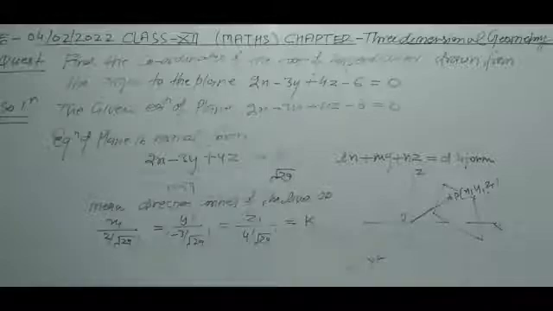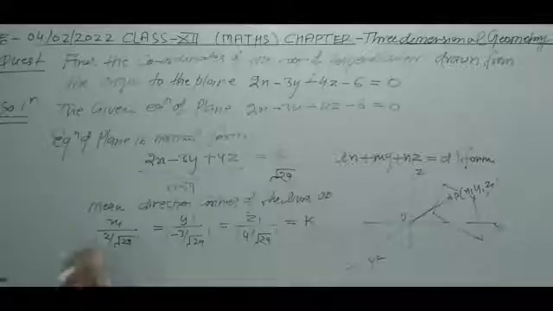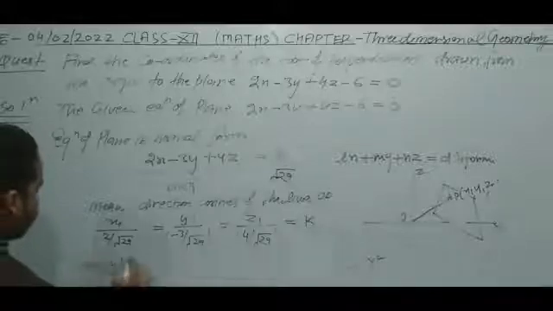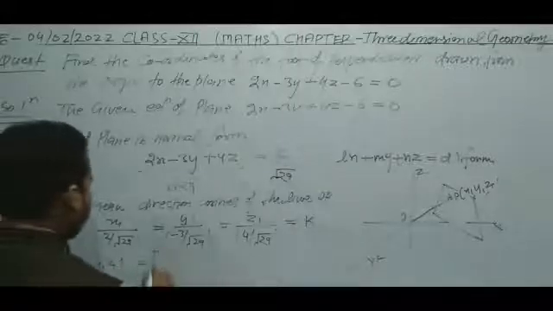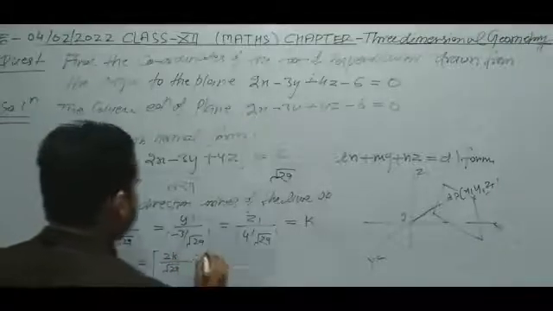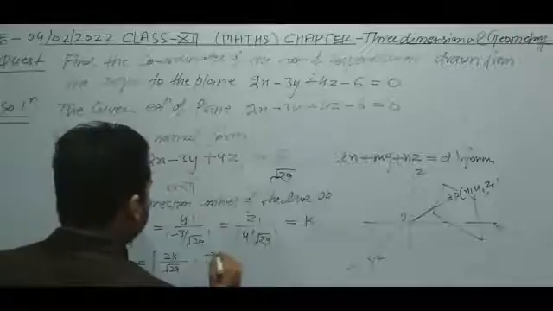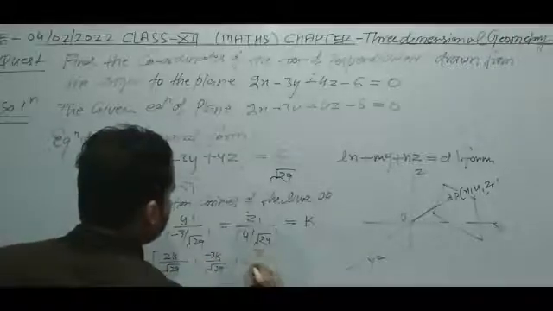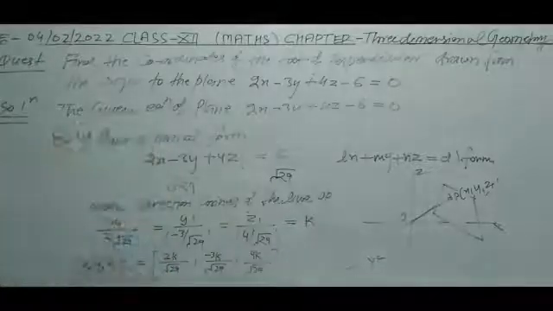When you calculate x1, y1, z1, you will get x1, y1, z1 as 2k upon root over 29, comma minus 3k upon root over 29, and 4k upon root over 29.